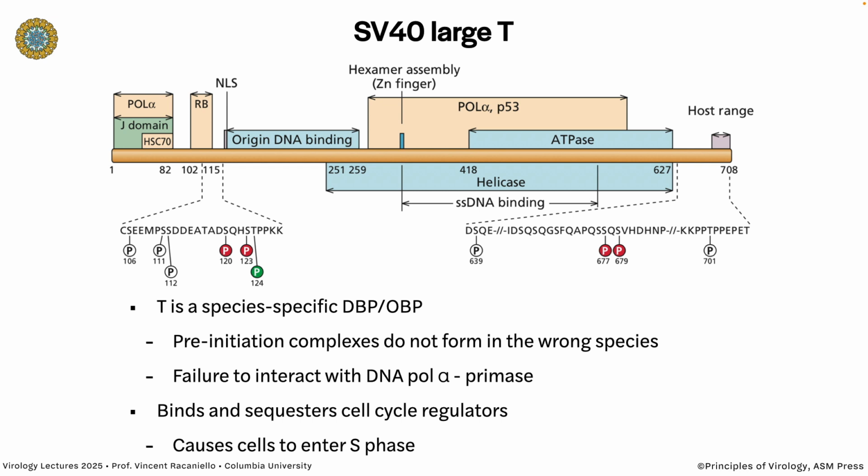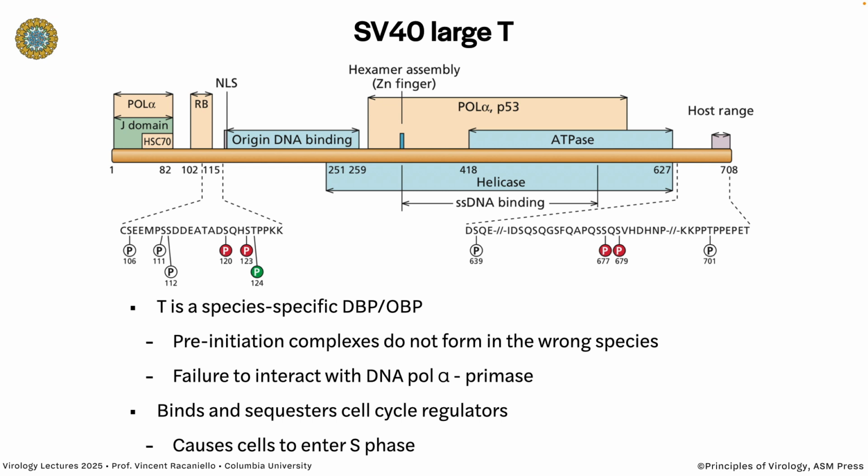So T is a species-specific DNA binding protein. What does that mean? It means that SV40, which is a primate virus, or its T antigen, will not bind the origin of a mouse polyoma virus. So these pre-initiation complexes, referring to the ori complexes, don't form in the wrong species, and they do not interact with the cellular primase, so you don't get replication.